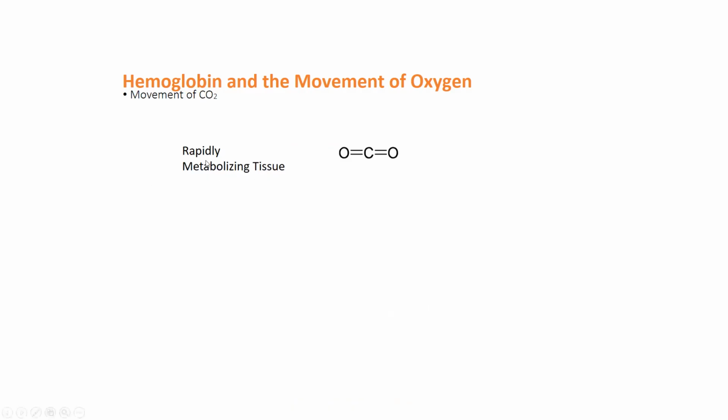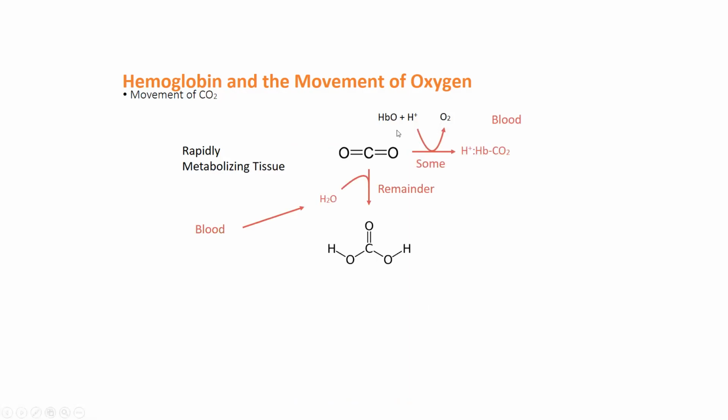Okay, movement of carbon dioxide. So the rapidly metabolizing tissue is going to favor the displacement of oxygen. You see? Now, this was hemoglobin rich in oxygen. This hemoglobin that is rich in oxygen, when it arrives to a tissue that has a lot of hydrogen proton, it will let go of the oxygen to the tissue so the tissue can breathe, so the tissue can use the oxygen for oxidative phosphorylation and aerobic respiration.